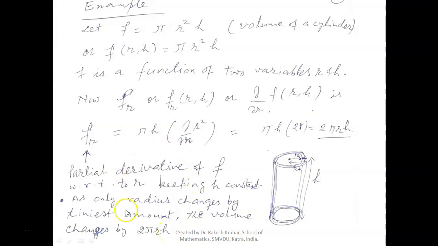So here we can understand the significance of the partial derivative with respect to r. If we give a very small increment or change to this radius, what will be the change in the volume of this cylinder? That can be obtained by this derivative, which we study with the help of partial derivative with respect to r.